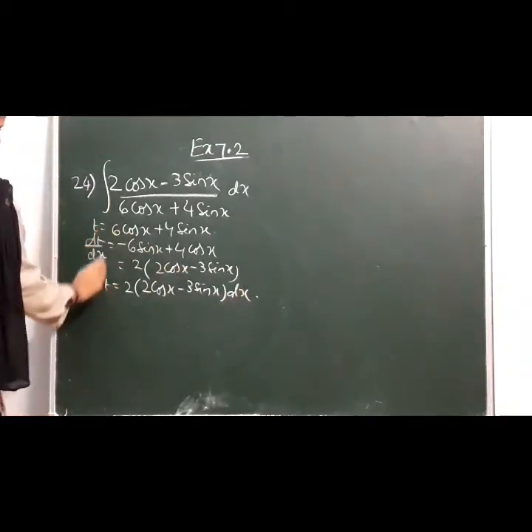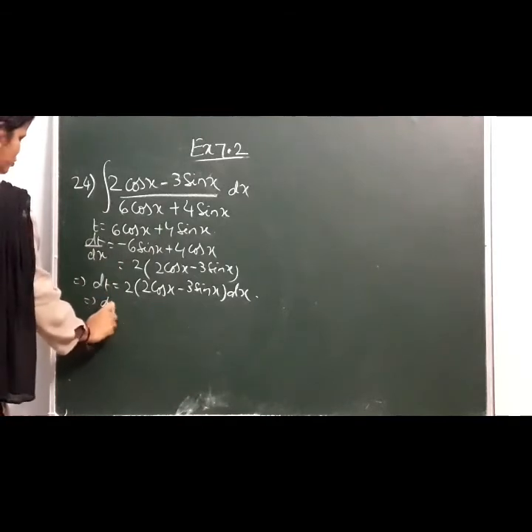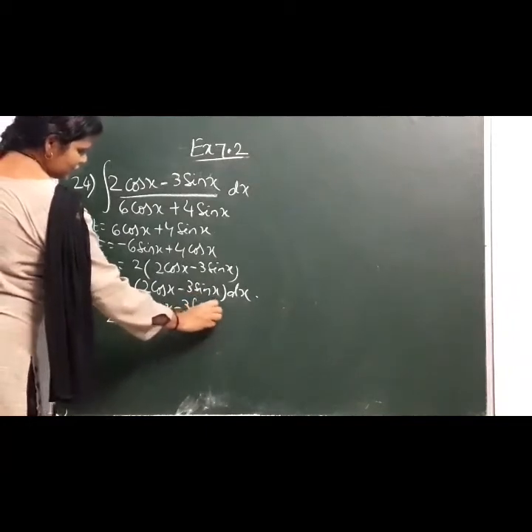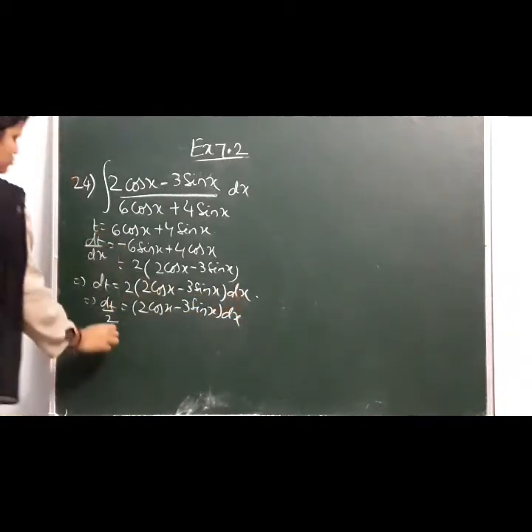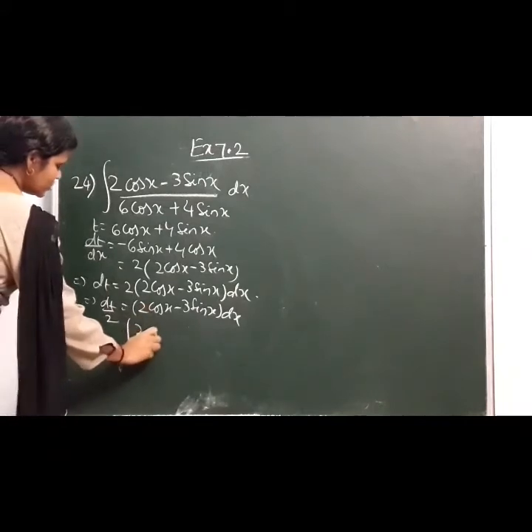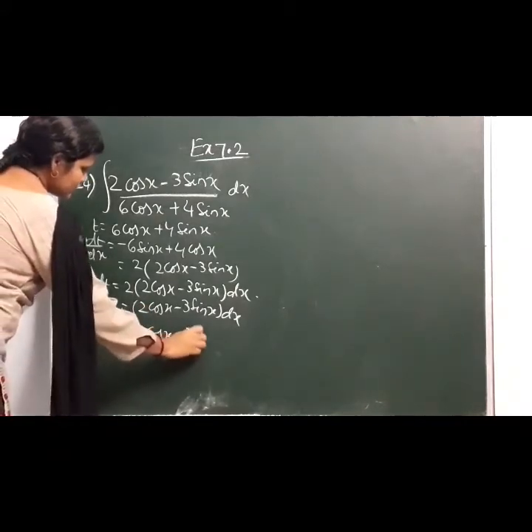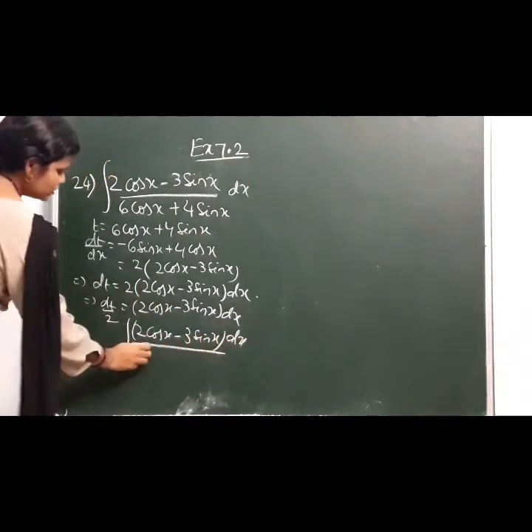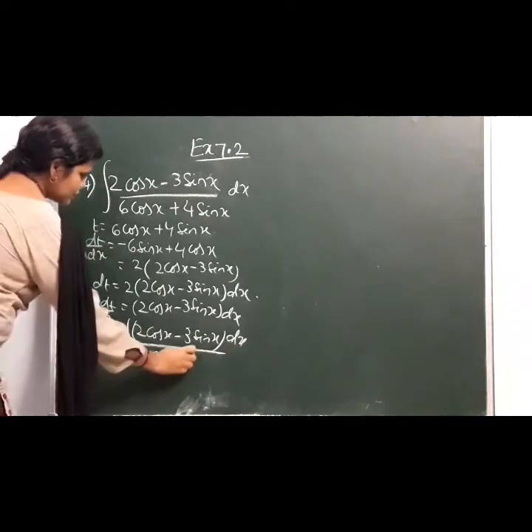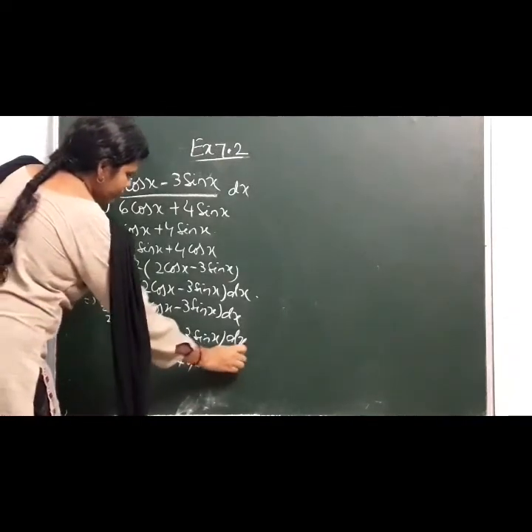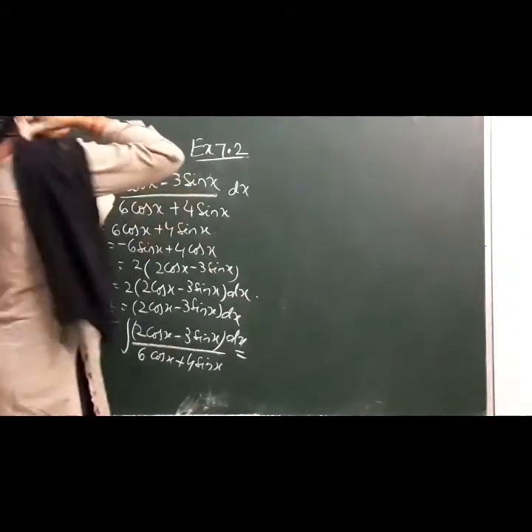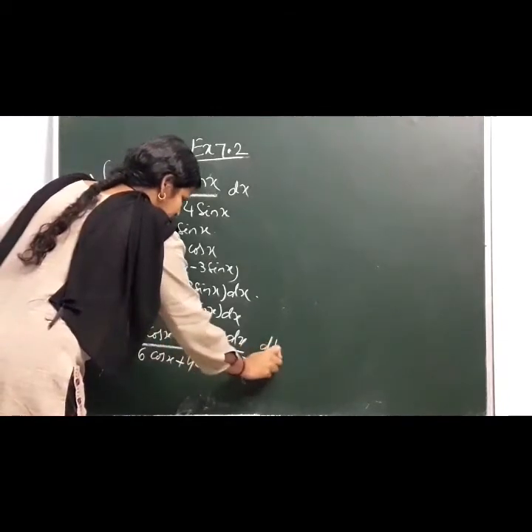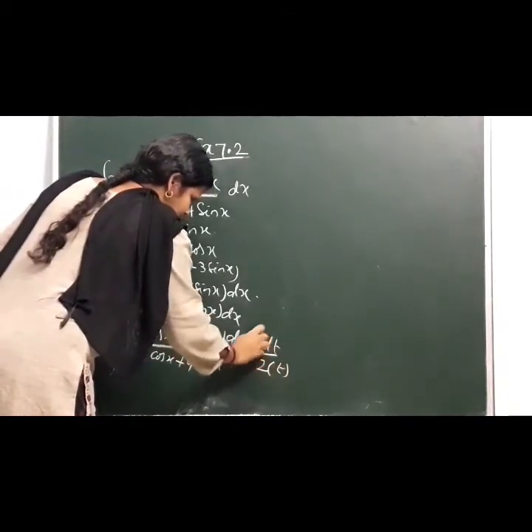So this implies dt is equal to 2 times (2 cos x minus 3 sin x) dx. So in place of this we can put dt by 2 is equal to (2 cos x minus 3 sin x) dx. Now the function can be converted like this: (2 cos x minus 3 sin x) dx upon 6 cos x plus 4 sin x, we put dt upon 2 into t.